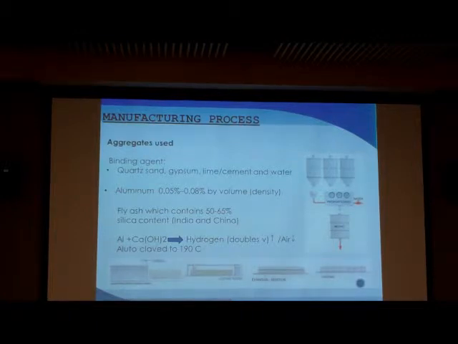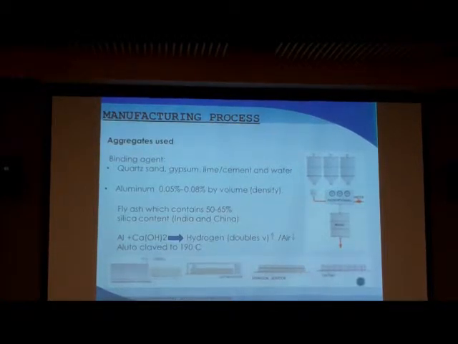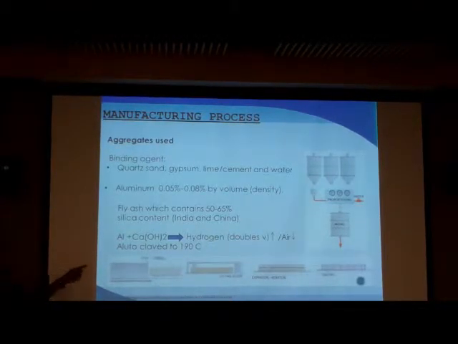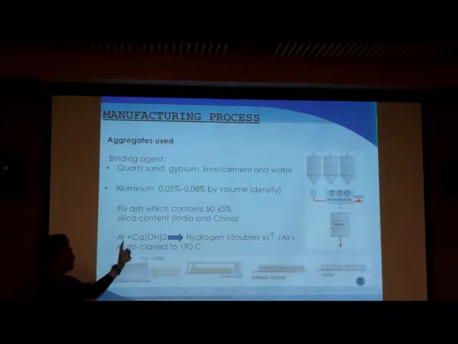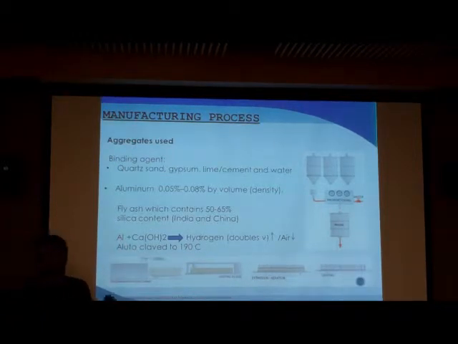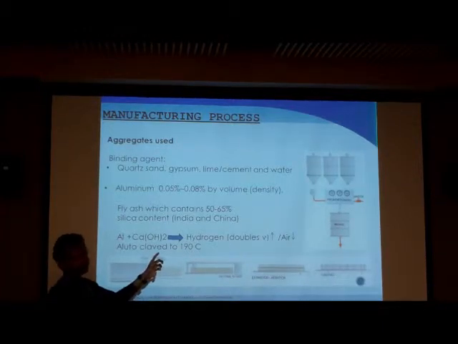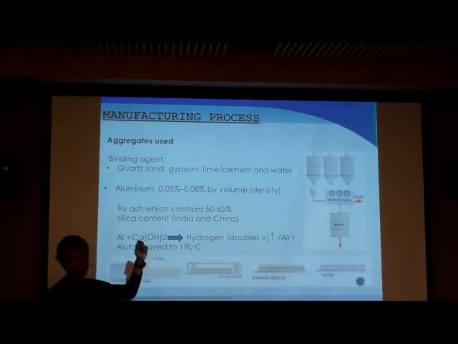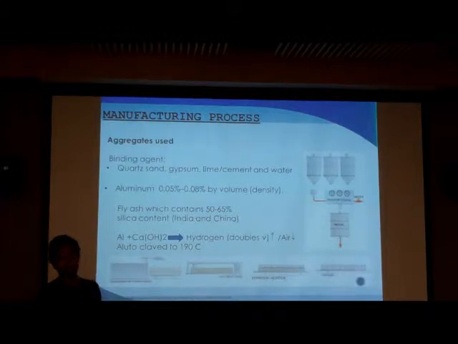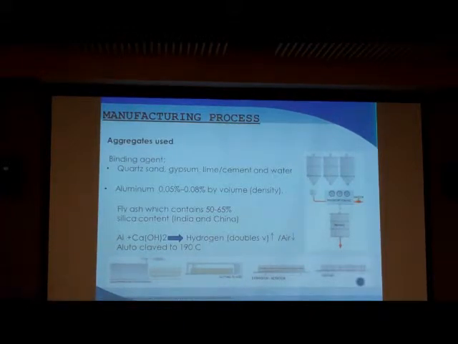The reaction that takes place is aluminum reacting with calcium hydroxide, which produces hydrogen bubbles. The aluminum is the reason for the production of hydrogen bubbles, which makes this material much lighter. When these hydrogen bubbles form, they disperse into the air and air gets into this mixture. It is something like when you add baking soda to your buttermilk while making a muffin batter.